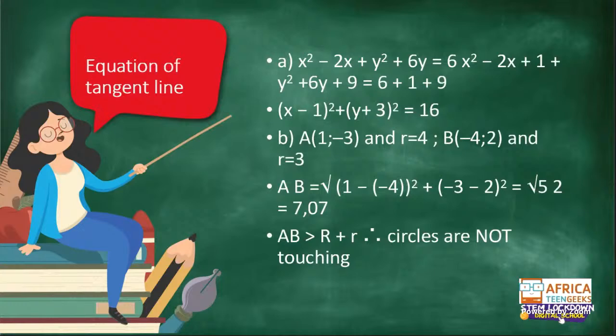You see that 4 plus 3 is 7. Now, the distance AB is 7.07 and the sum of the 2 radii is 7. You see that the distance between the 2 centers is greater than the sum of the 2 radii. Hence, we conclude that the circles are not touching.